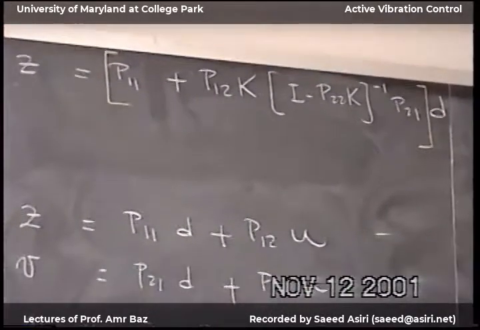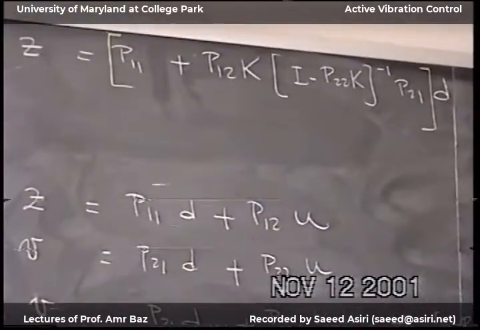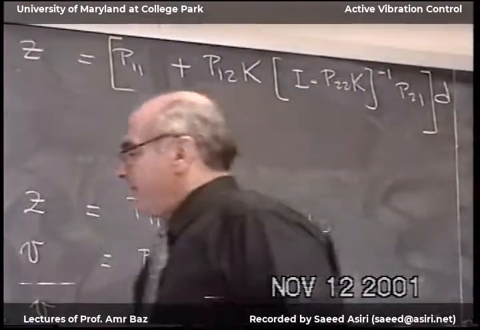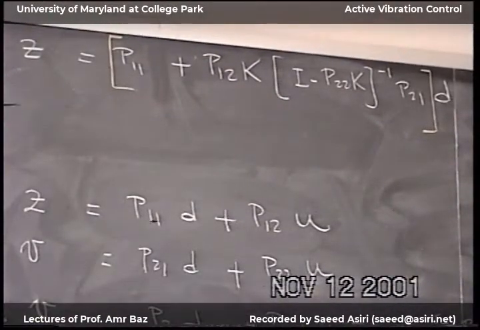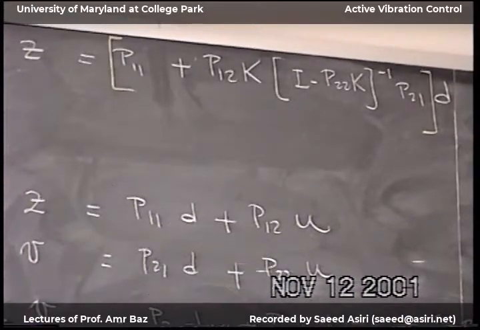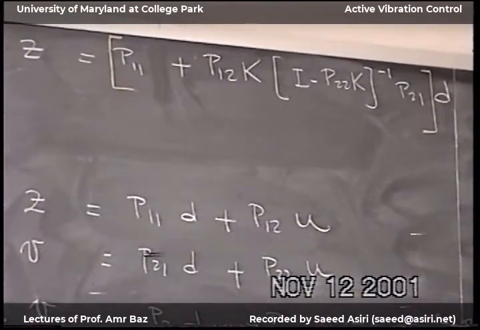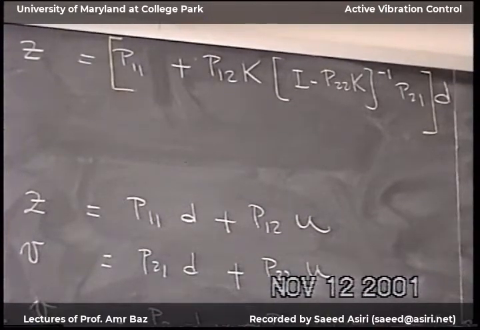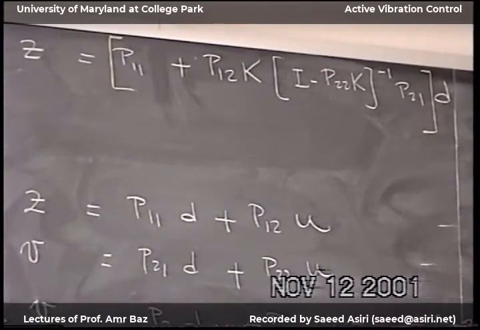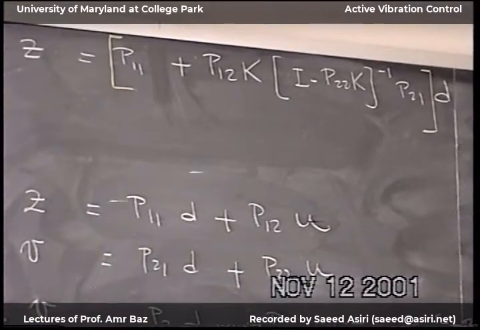So if you look at the term between the yellow brackets, it is in effect, I took the structure and cut it into two pieces. Piece relate to the controller, piece relate to what I am interested in. How much disturbance, how much is the control output.